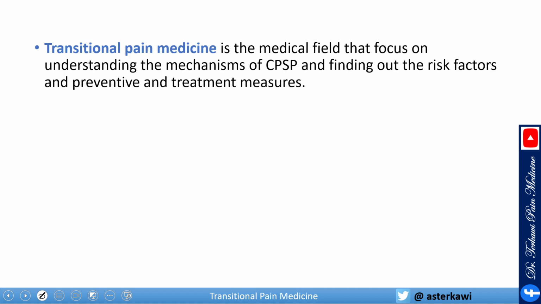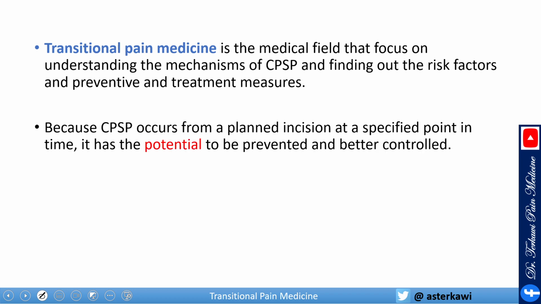Now, building on that, we came up with the new terminology, transitional pain medicine, which is a medical field that focuses on understanding the mechanisms of chronic post-surgical pain and finding out the risk factors and preventive and treatment measures.